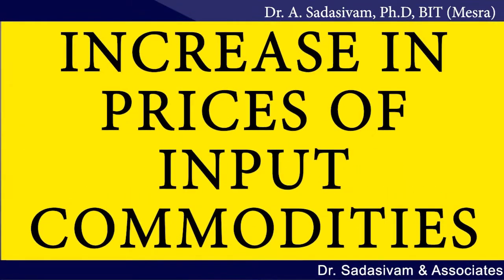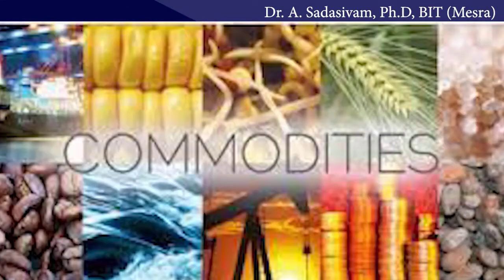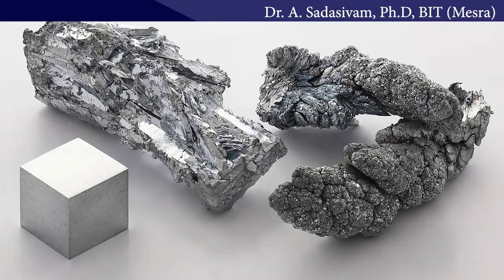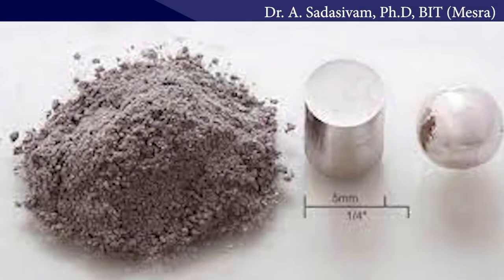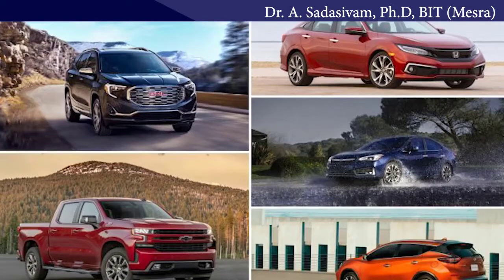As the name suggests, cost push inflation happens when the prices of input commodities go up. For example, we have seen in the recent past an unprecedented rise in commodity prices, whether it is steel, zinc, aluminum, or rare metals like palladium, rhodium, etc., as a result of which the prices of cars and automobiles have increased.